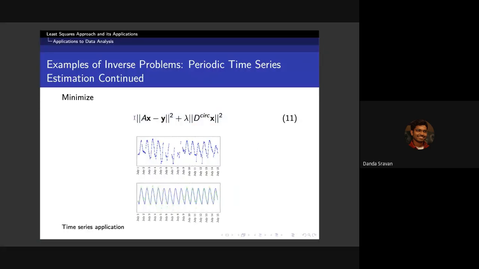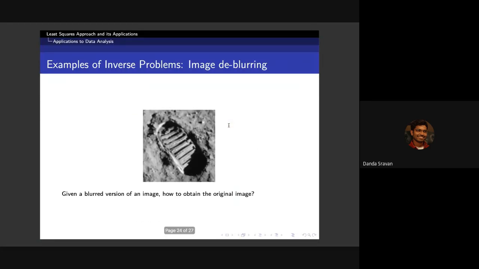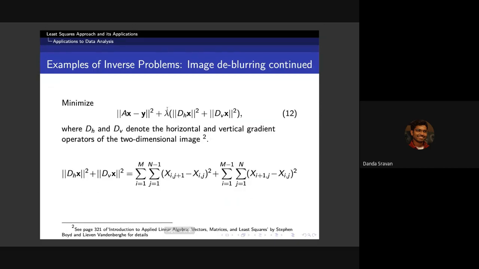So this is the core idea. Even for the next example, this is the basic idea. The time series, you can think of it like a 1D signal. The neighbors are the next and the previous. Here, on the other hand, the neighbors are nothing but the vertical neighbors and the horizontal neighbors, and I encode the regularization criterion this way.